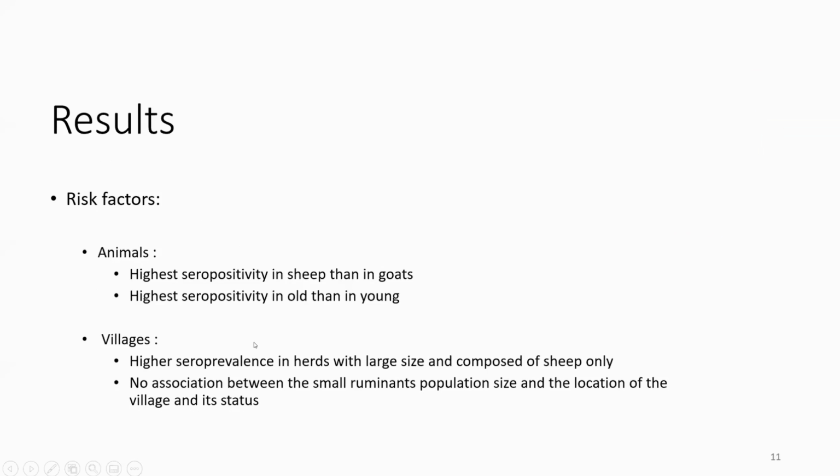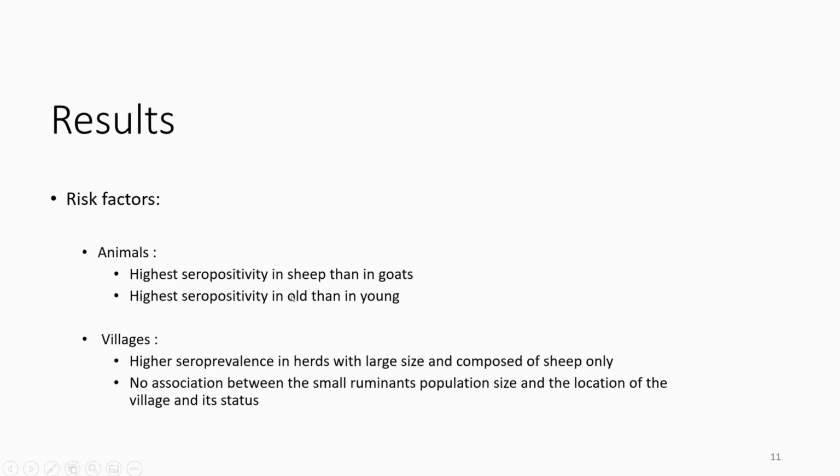Now, on the risk factors, the highest seropositivity was seen in sheep than in goats. This I explained, possibly due to the fact that sheep stay longer. They are only sold yearly or during festivities, the Salah, while goats are daily commodities that people consume.